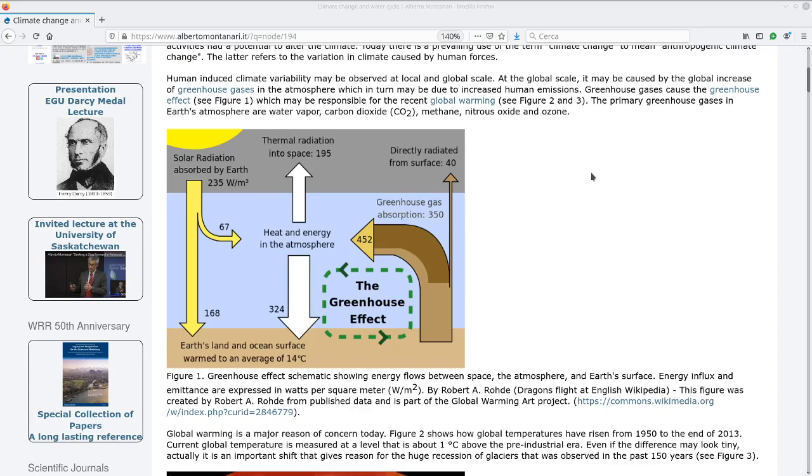The oceans can release a lot of greenhouse gases when they are warmed up, and the increased concentration of these greenhouse gases causes a trap of the back radiation from the Earth into the atmosphere, and this causes an increase of temperature.